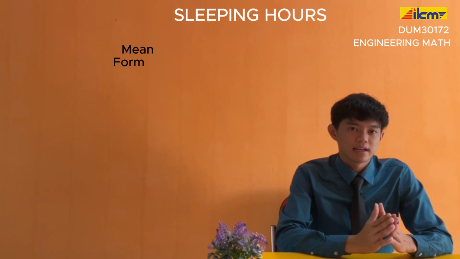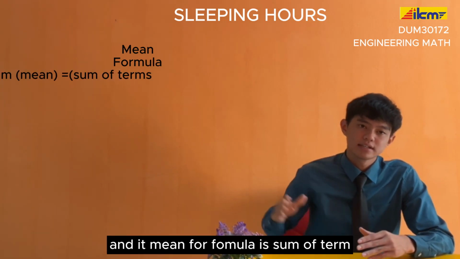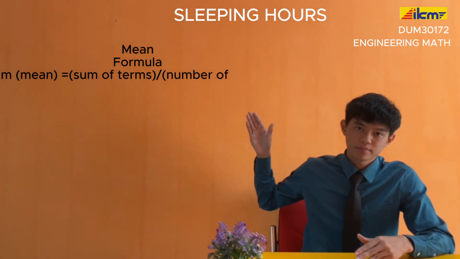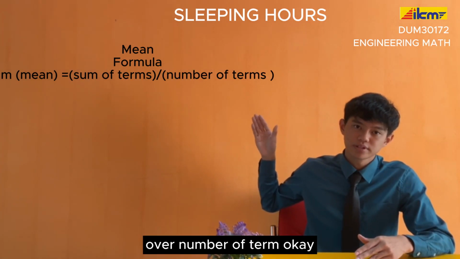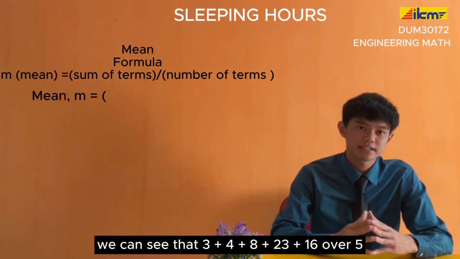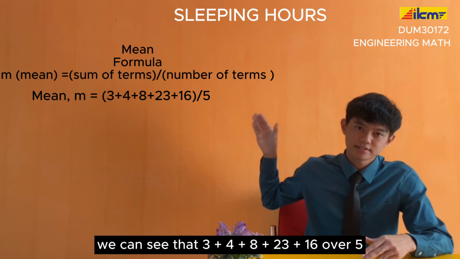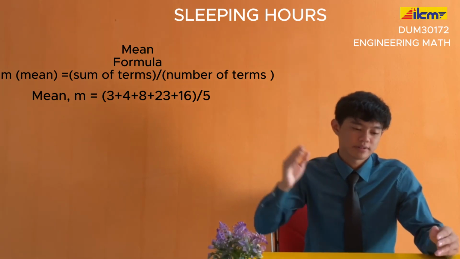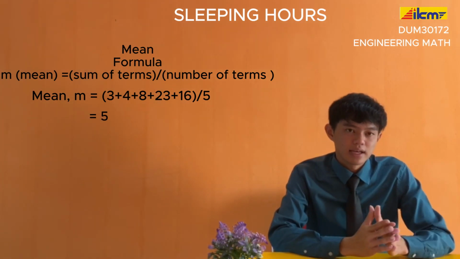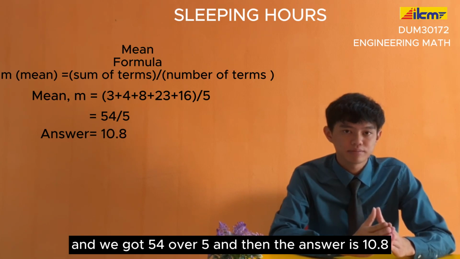The mean formula is the sum of terms over the number of terms. From all the frequencies, we have 3 plus 4 plus 8 plus 23 plus 16 over 5. We got 54 over 5, and the answer is 10.8.